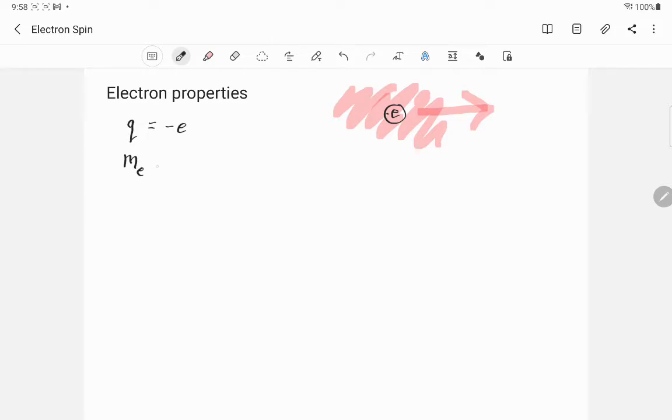The mass is some 10 to the minus 31 kilograms or whatever it is, but it's one of the properties of an electron. So if we are listing out all of the properties of an electron, we'll have no trouble saying what its electric charge is, and we'll have no trouble claiming a certain rest mass for the electron.